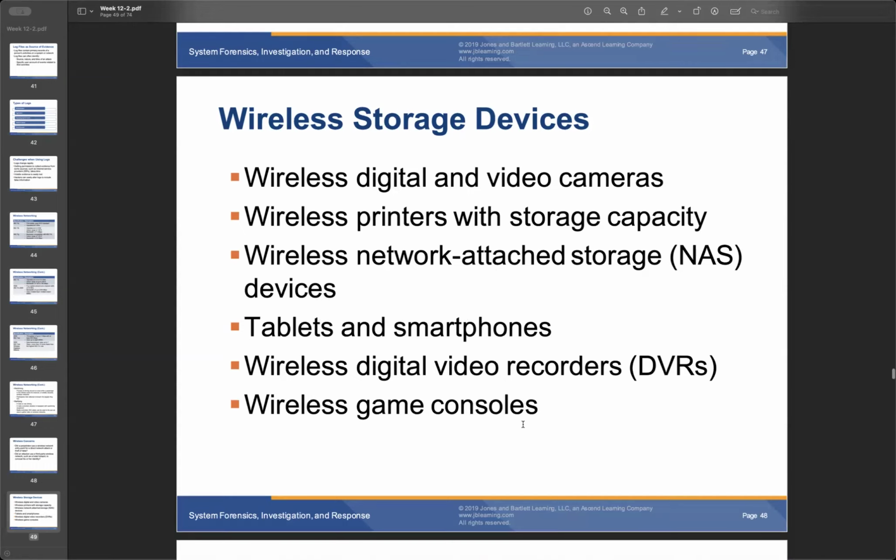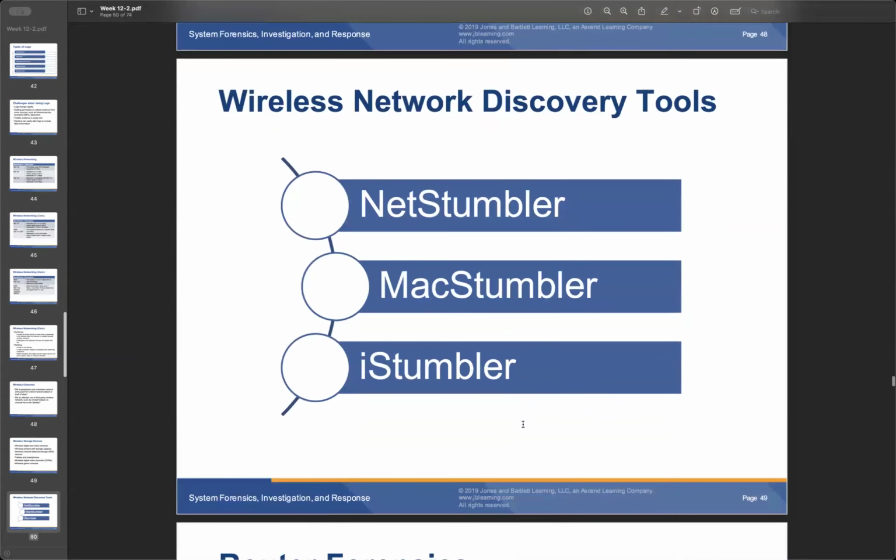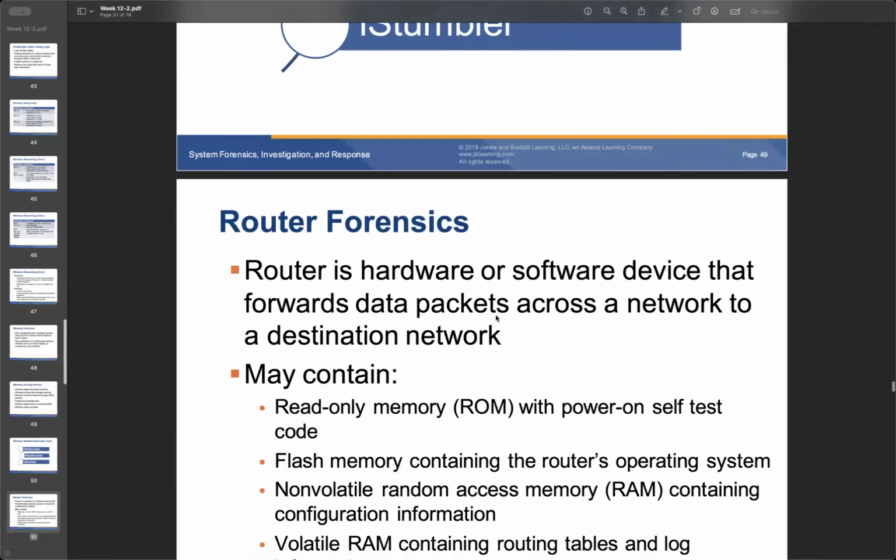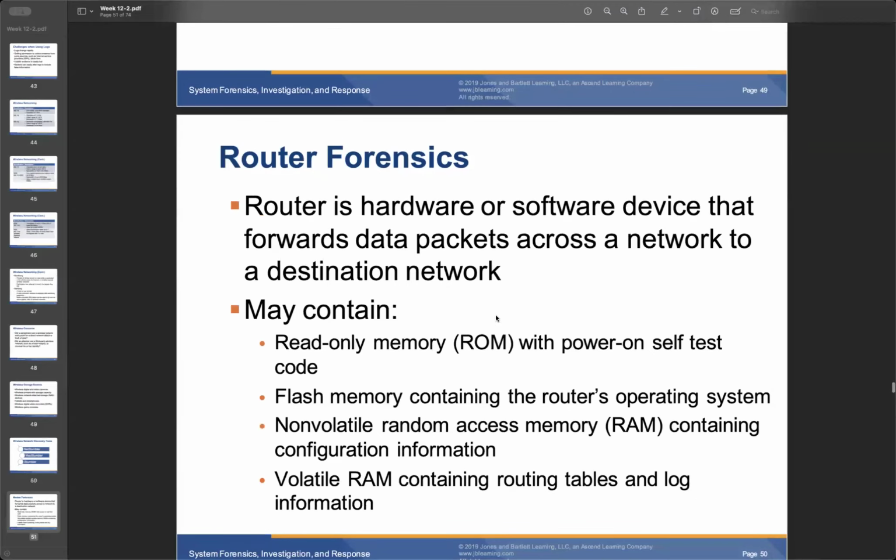So all of these may also be accessed. There are some discovery tools you can use, like NetStumbler, MacStumbler, iStumbler. So right here are some tools that can help with the analysis.